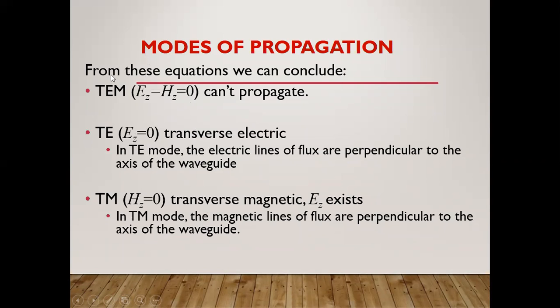That's why we take the z components, that is Ez and Hz, the electric field in the z direction and the magnetic field in the z direction, as zero, just because there is no propagation in that particular coordinate. Only the x coordinate and the y coordinate are working.